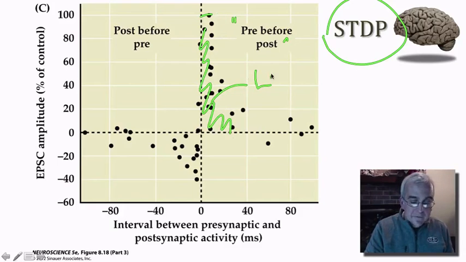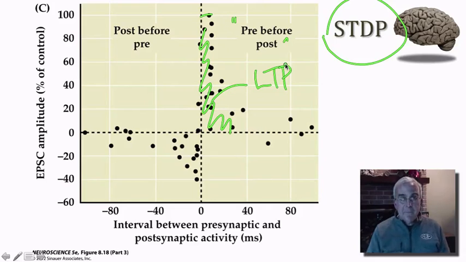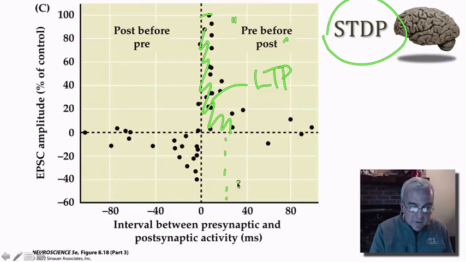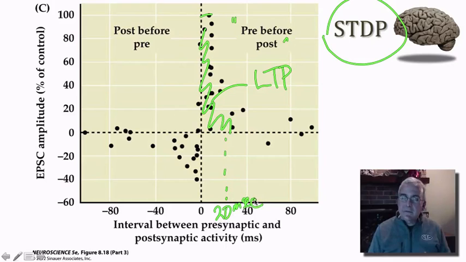This is long-term potentiation that can be recorded if the interval between the presynaptic firing and the postsynaptic firing is less than about 20 milliseconds. Now, 20 milliseconds, it's kind of a magical interval, if you follow me here.